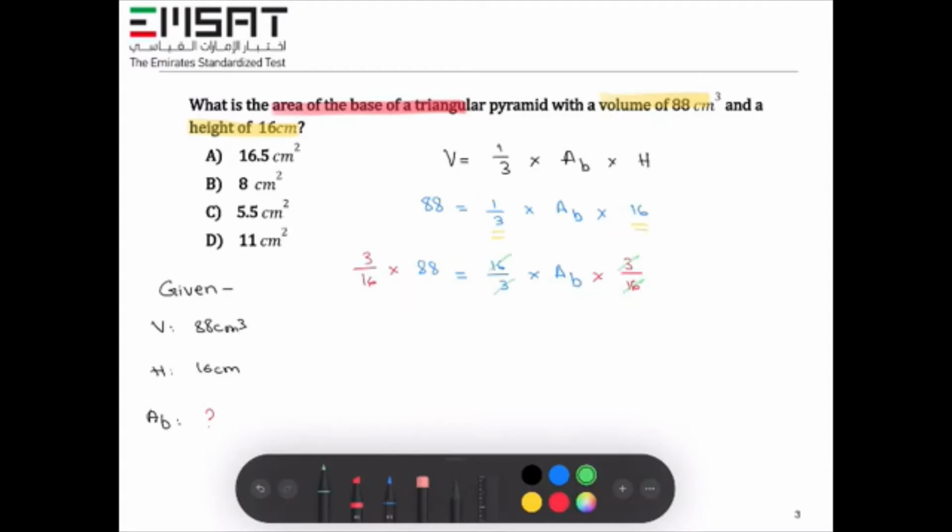We will be left with the area of base. So, area of base equals 3 times 88 over 16, which equals 16.5 centimeters squared. The correct option is A, 16.5 centimeters squared.